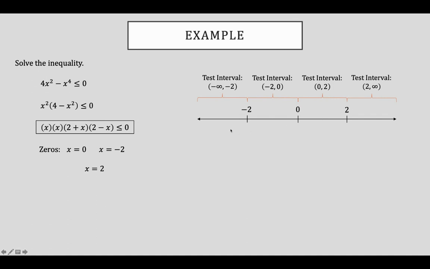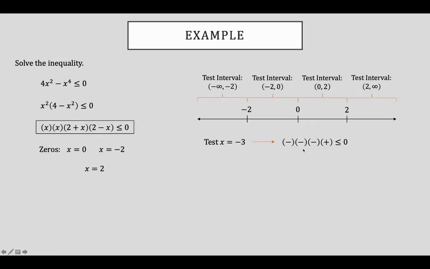All right, so what's a number that is to the left of negative 2 that would be easy to test? How about negative 3? Well, let's plug it into the factored form. Again, remember, it's always easiest to plug into the factored form and analyze the signs. If I plug in negative 3 for x, I get a negative times a negative times a negative times a positive.